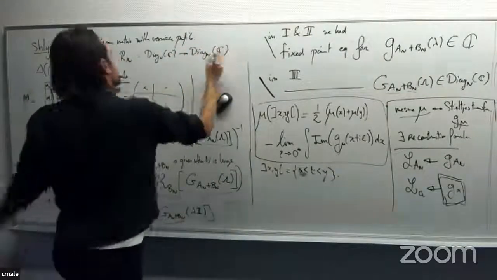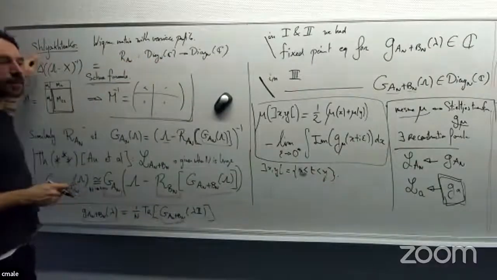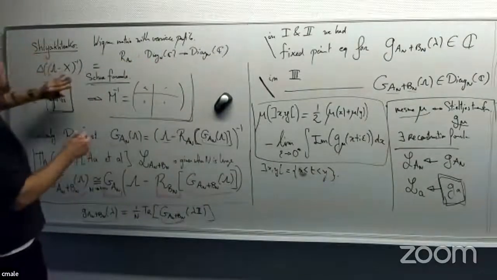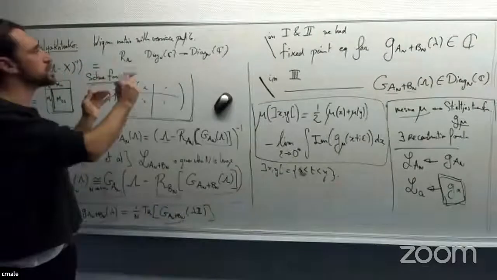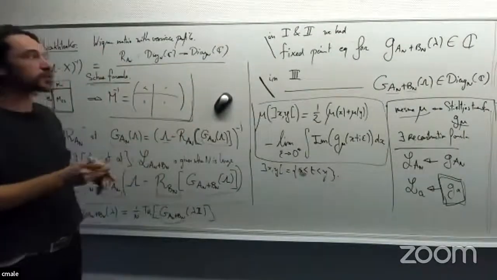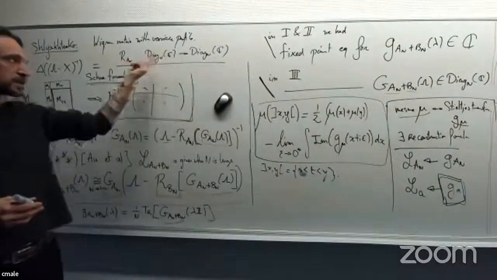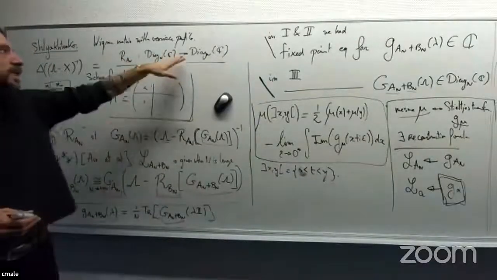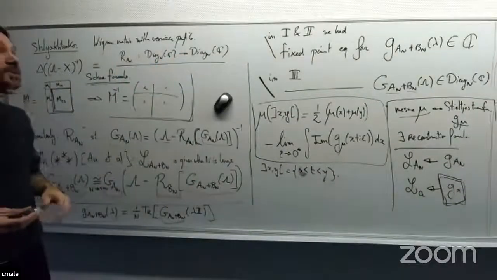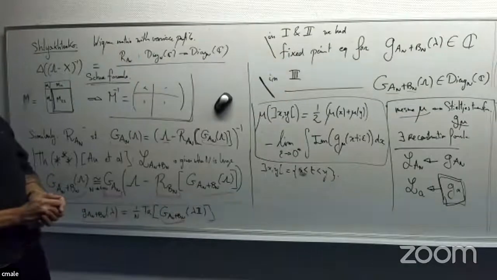And Shlyakhtenko and co exhibit what this linear map is in the case of a variance profile. Maybe I'm not giving exactly the formula, but it's quite simple. It is a linear map, so it is just a matrix, the variance profile, which acts on a diagonal matrix.